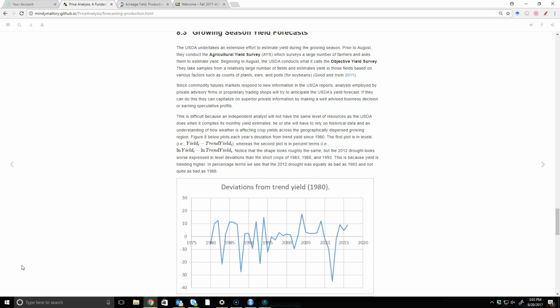As difficult as it is to beat the USDA estimates for yield, there will be many cases where, whether you're in a private firm or you're trying to make investment decisions or you're trying to make speculative trading decisions, you're going to need to have an estimate of yield before or between USDA reports, and you need some technique to get your hands on where we kind of stand in terms of yields for that year.